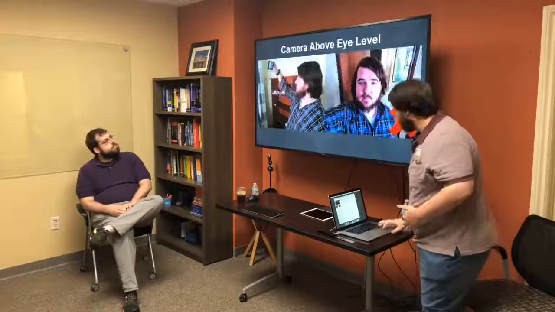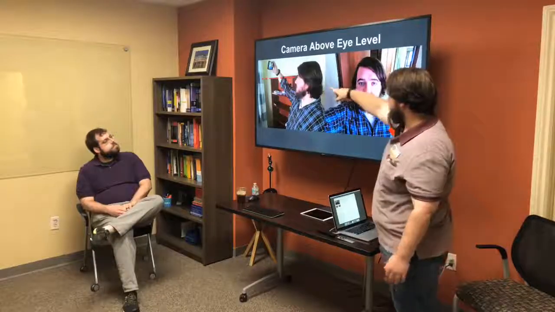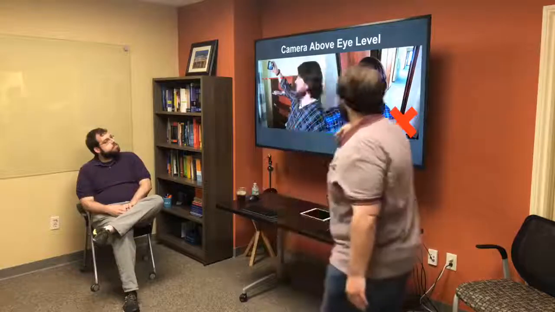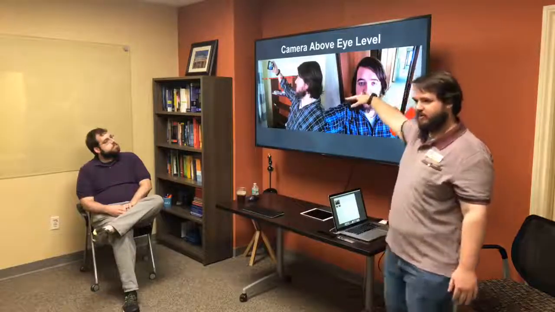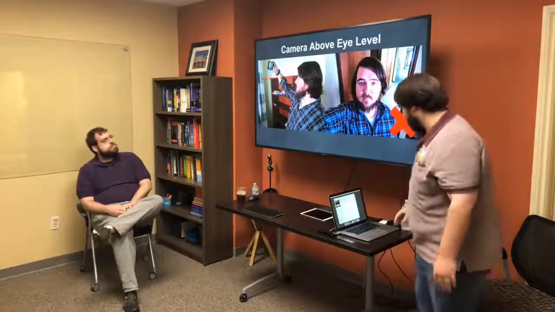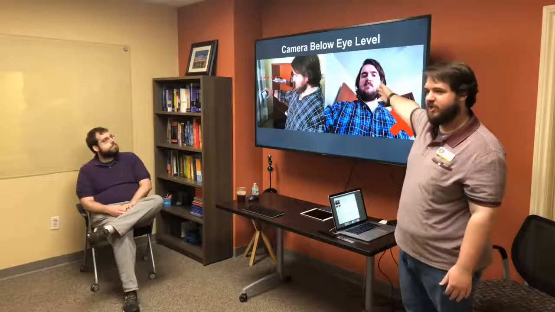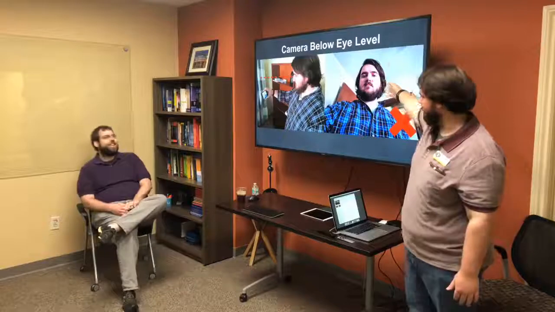So what happens when it's not eye level? You can see I have the camera here, it's above eye level, and it seems kind of odd, like I'm down there. Or now I'm a giant, which is not true.